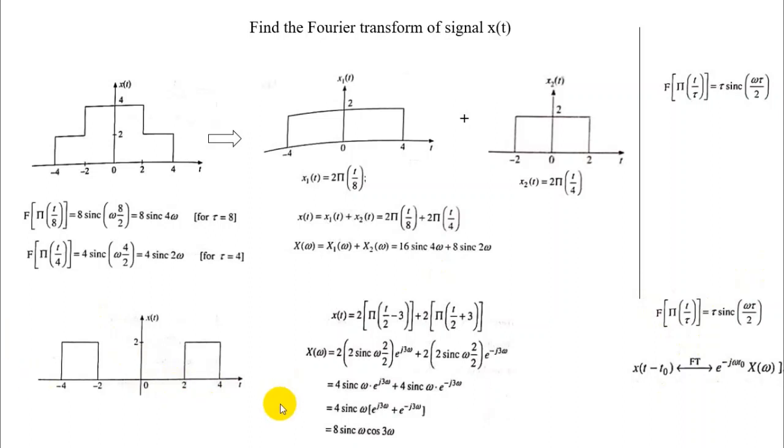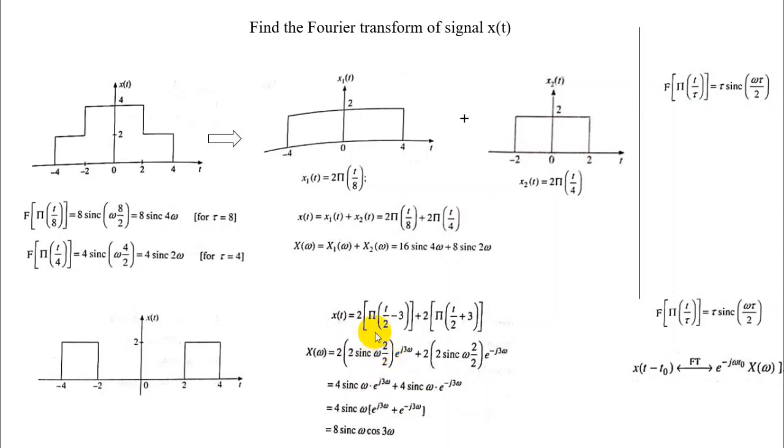For this case the distance between -4 and -2 is 2, so the value of tau in this case is 2, and in that case the distance between the two points is also 2, so the value of tau is also 2. So the Fourier transform of that portion would be like that: tau is equal to 2, so 2 sin(omega 2 divided by 2).